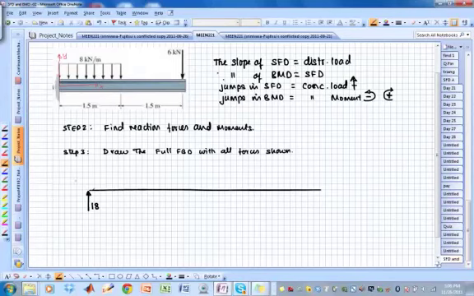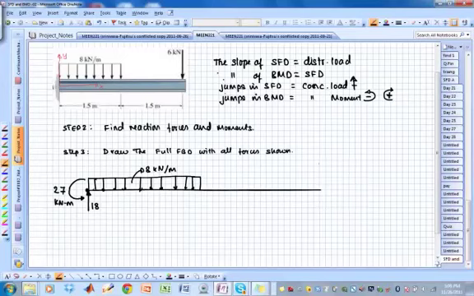Then we have a counterclockwise bending moment here that goes like that, and that will be 27 kilonewton meter. Then there is this distributed load that goes halfway along the beam, and that is 8 kilonewton per meter. And then there is the external load here, 6 kilonewtons.